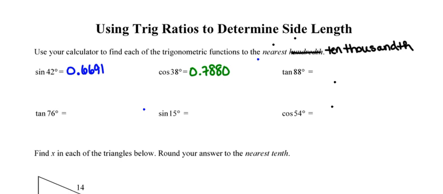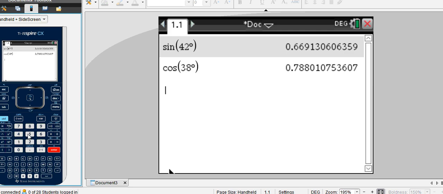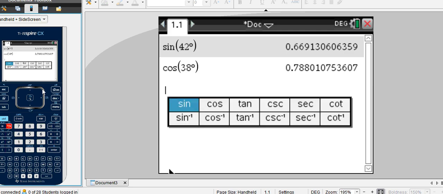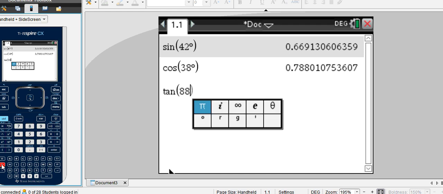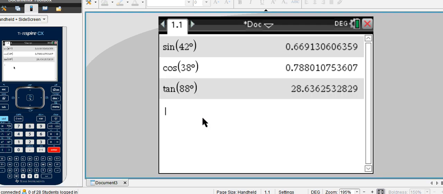And then lastly, the third one, the tangent of 88 degrees. .6363.